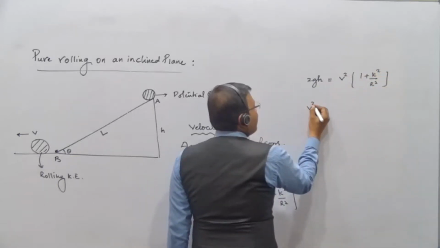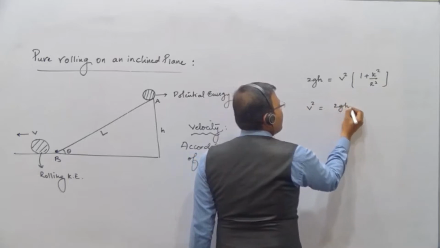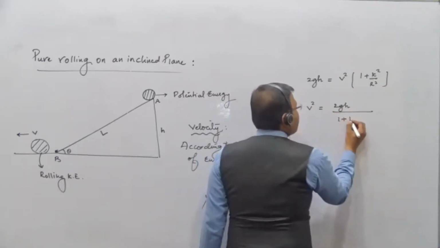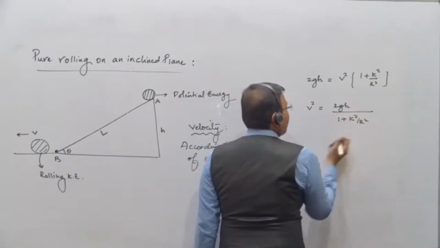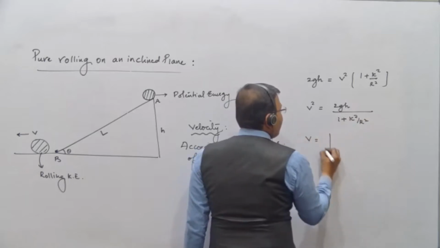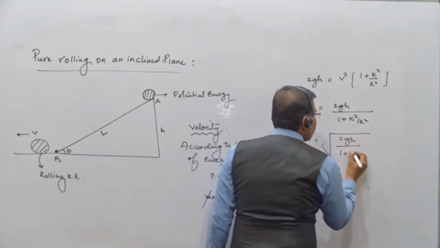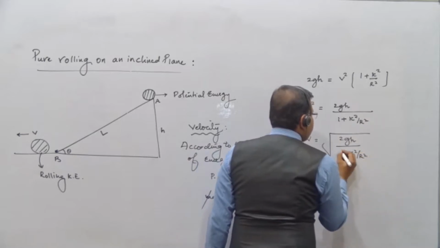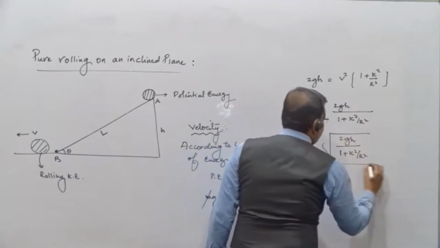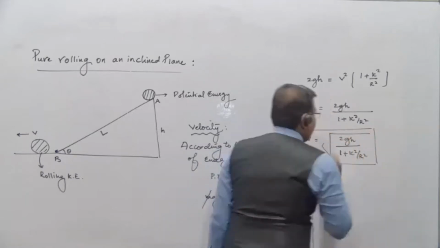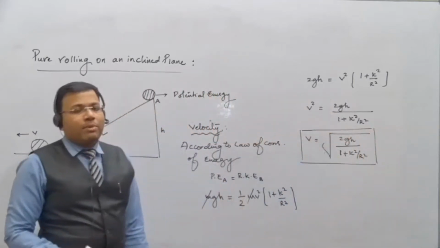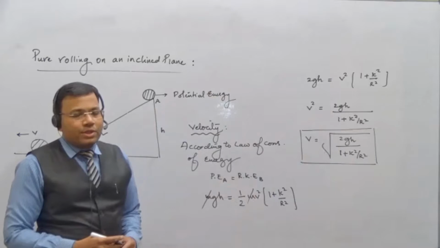Now students, v square is equal to 2gh by (1 plus k square by r square), and we are getting the expression for the velocity. So this is the velocity with which the body reaches the bottom of the inclined plane, and this is a rolling velocity, I can say.